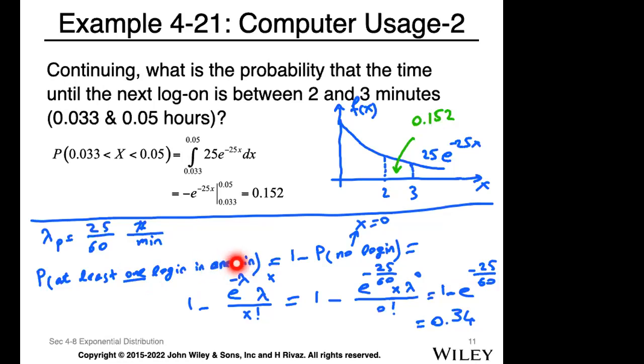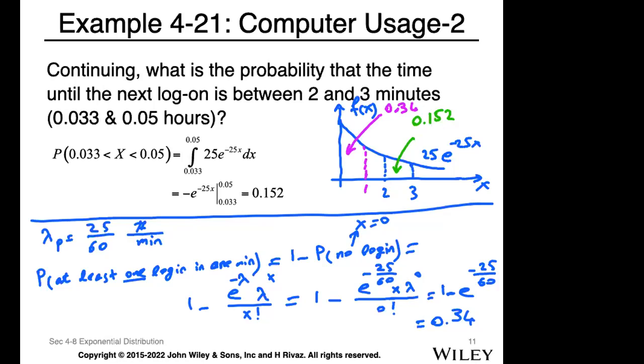Here the origin is from 0, so what we calculated is this other area from 0 to 1 minute. It's not the area that the question wants.